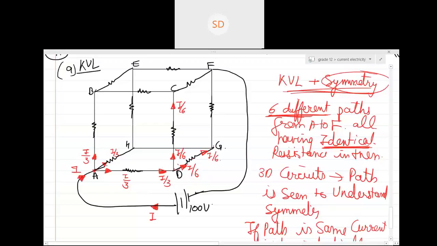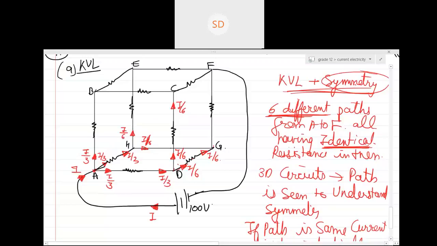Now, what about the other I by 3s? Will they also undergo the same fate? Yes. Let's say this I by 3 goes over here and it bifurcates into HG and HE, I by 6 and I by 6.